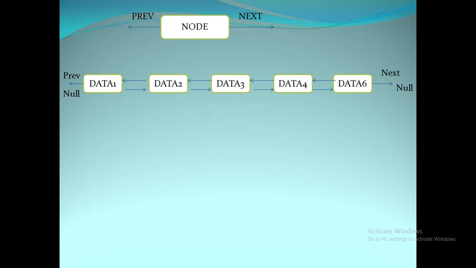Now let's take two examples. Consider I want to add two elements, ABC and PQR. So how will it work? Let me show you by pictorial representation so that you can understand easily.